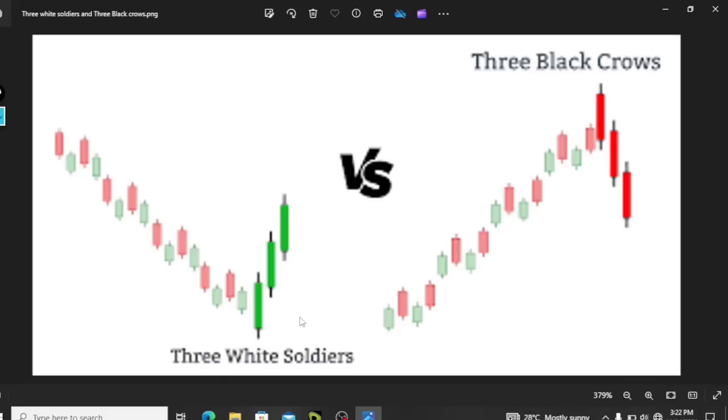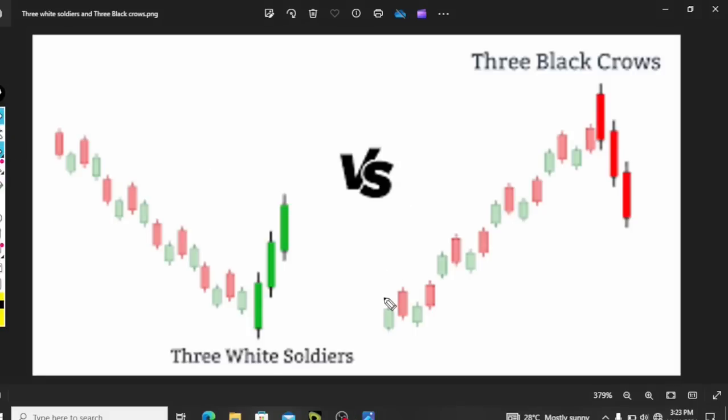As we are talking about the three white soldiers, it should be noted that it is used to buy, it is used to enter the market and go long, and then three black crows is the exact opposite of it, which is used to go short, to sell in the market. So three black crows actually reverses the action of the bulls, and is supposed to occur at the resistance area, to be a direct opposite of the three white soldiers.